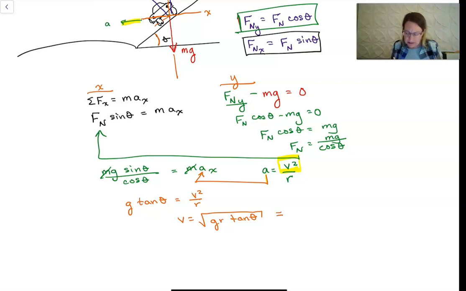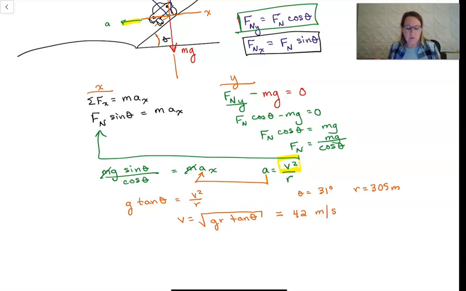So if I plug this in for a theta of 31 degrees and a radius of 305 meters, I get a speed of right at, I calculate 42 meters per second, which is not too far off from about 100 miles an hour.